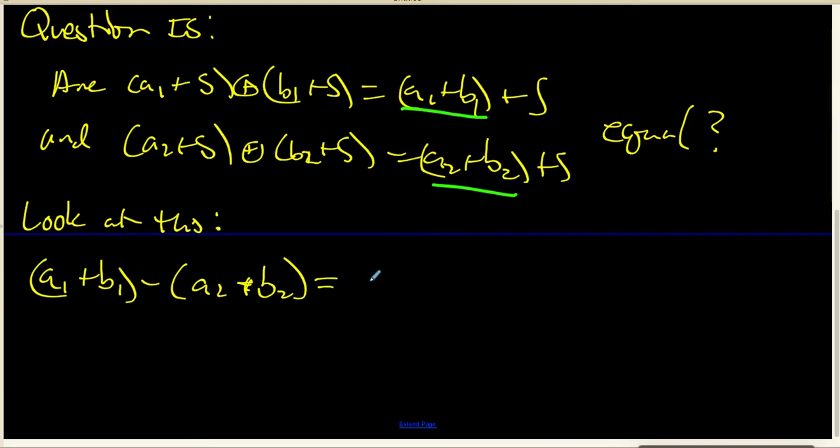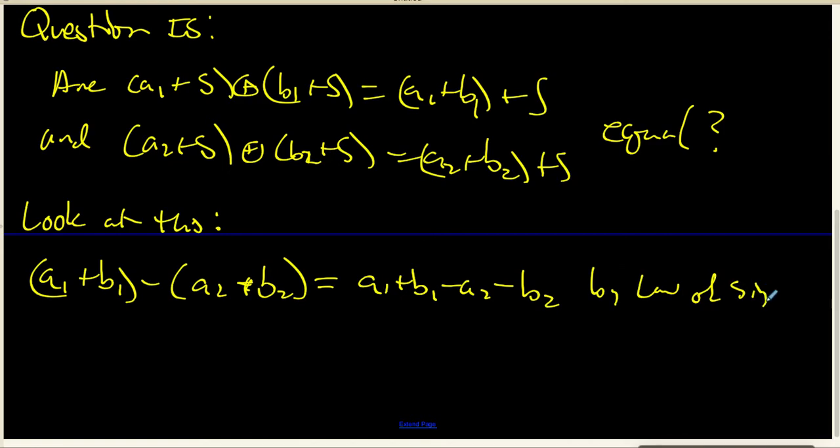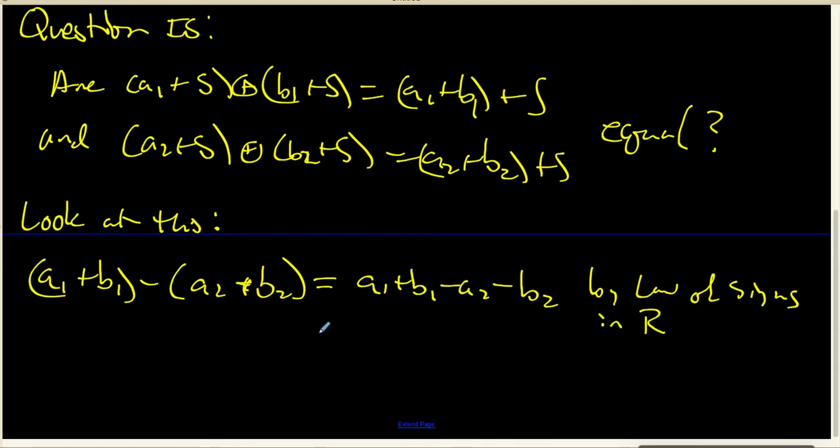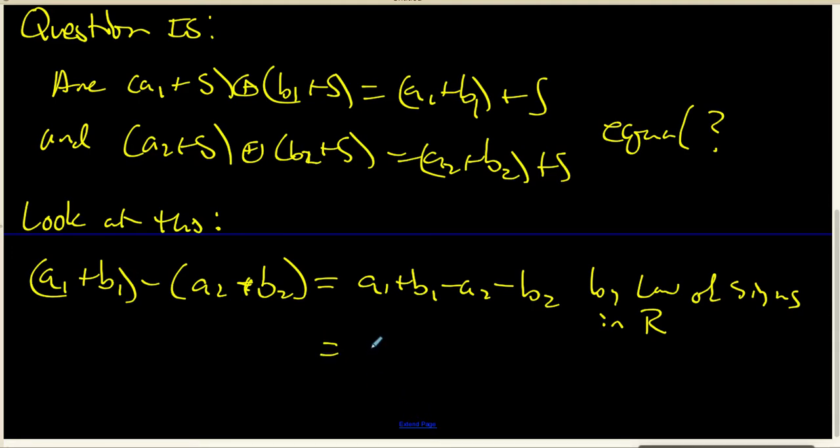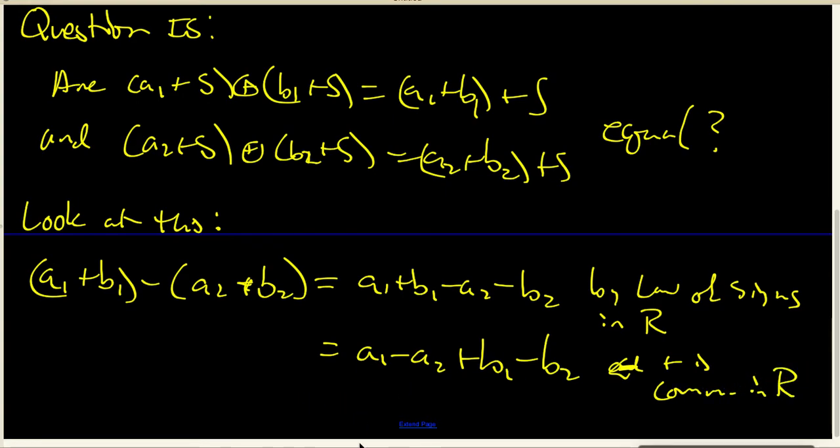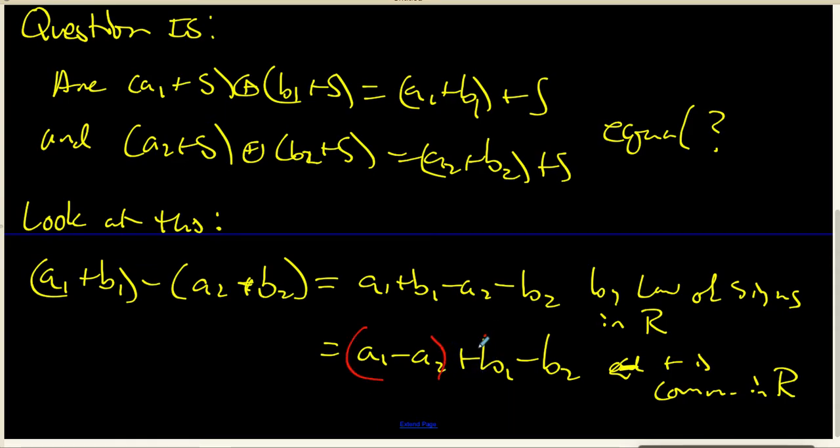We are in the ring R, and so this boils down to A1 plus B1 minus A2 minus B2 by the law of signs in the ring R, and we can rearrange things and rewrite this as A1 minus A2 plus B1 minus B2, because this is in R and plus is commutative inside R. And now we can put parentheses around that pair and that pair.